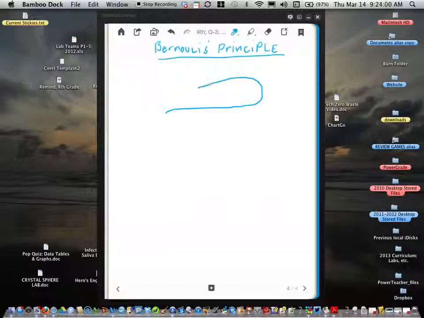And what it states has to do with lift. So this is a cross section of an airplane wing.